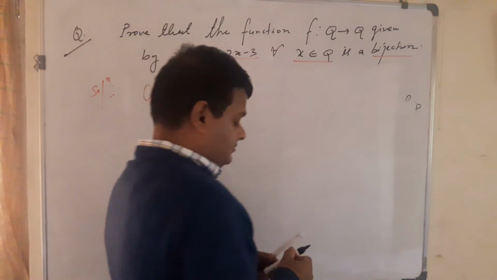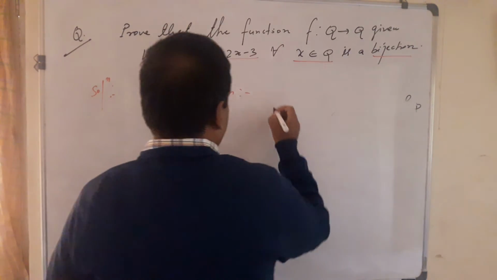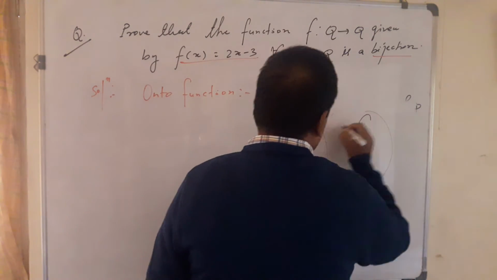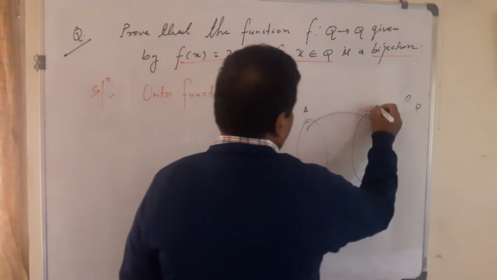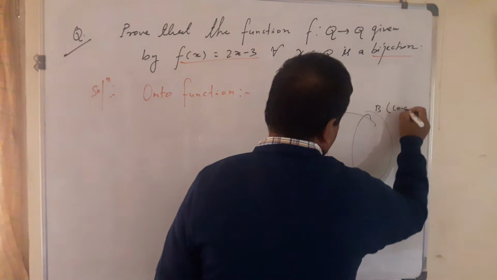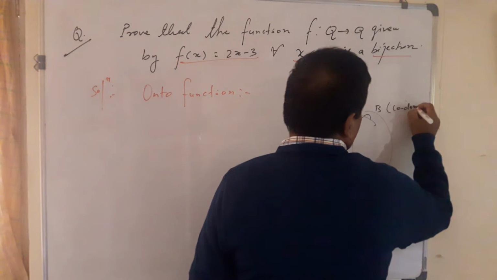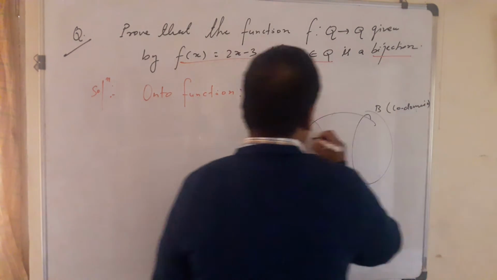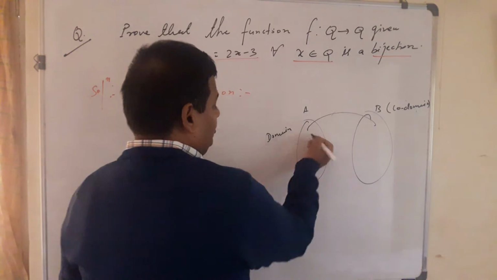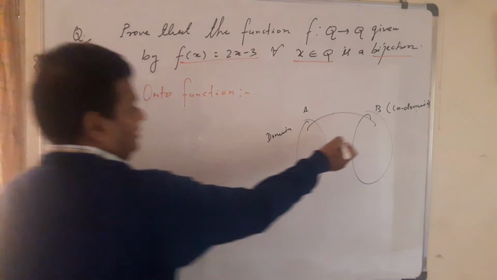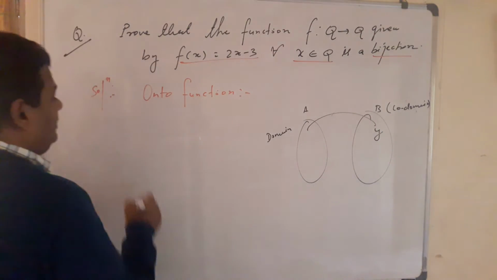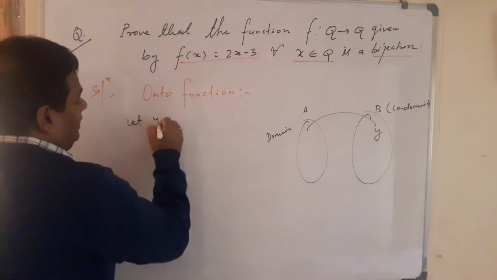For onto function, we have to take any arbitrary element from set A and set B. This is your codomain, and this is your domain. From the codomain we take y as any arbitrary element.